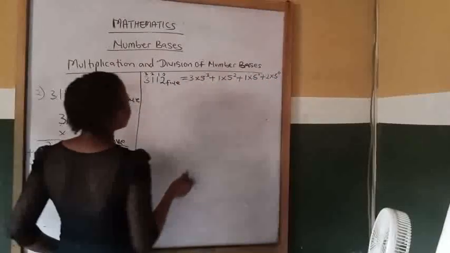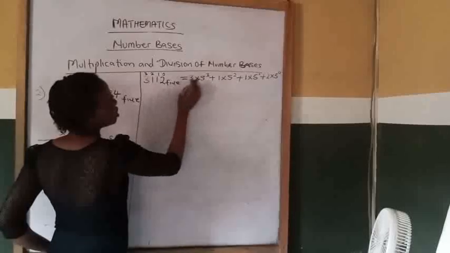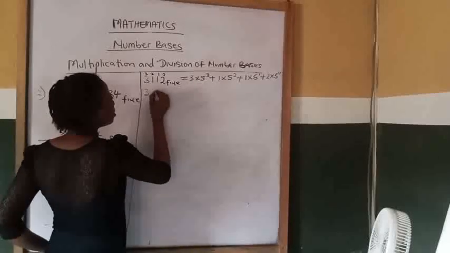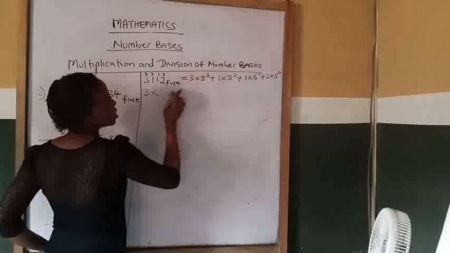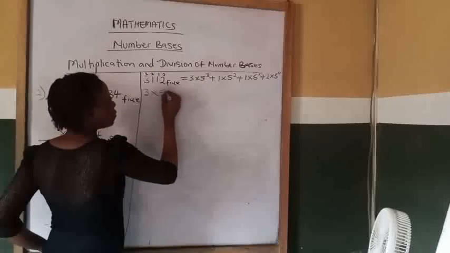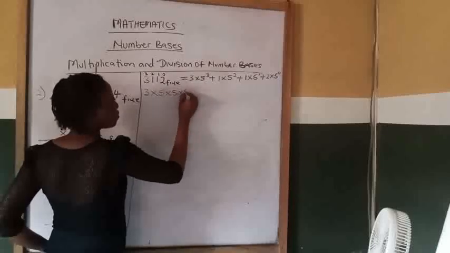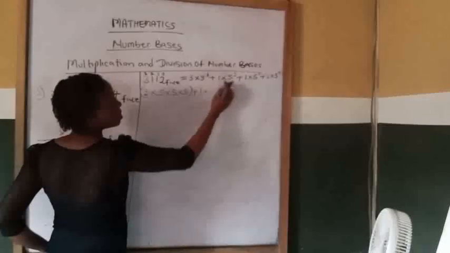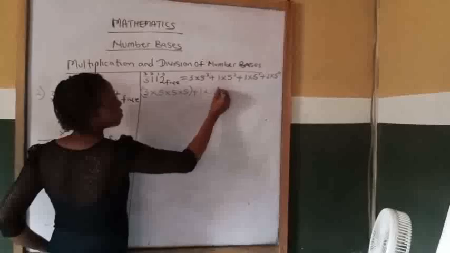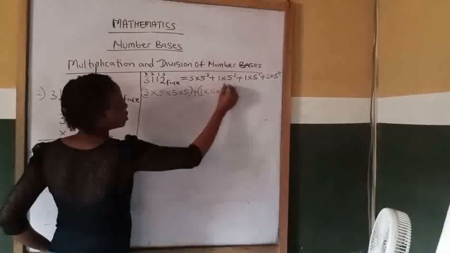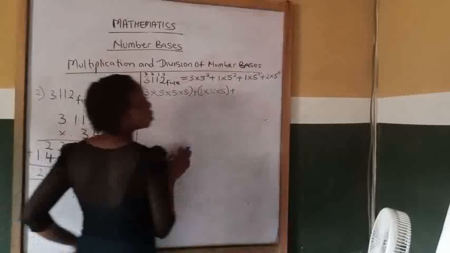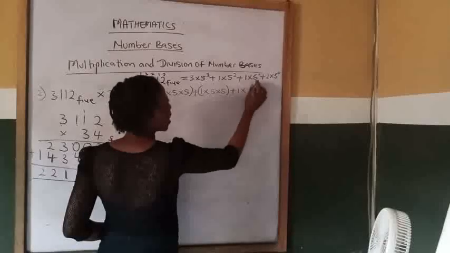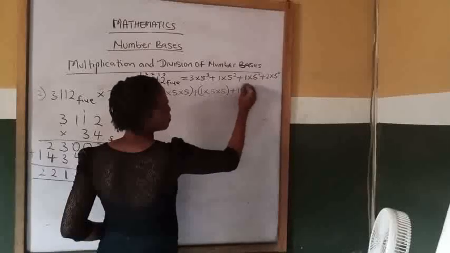So let's open it now. Let's expand it. 3 times 5 raised to power 3 means 5 in 3 places, that's 5 times 5 times 5. Plus 1 times 5 raised to power 2 means 5 times 5. Then plus 1 times 5 raised to power 1, which is the same thing as 5.